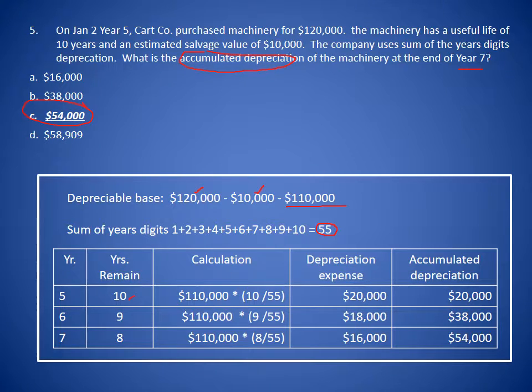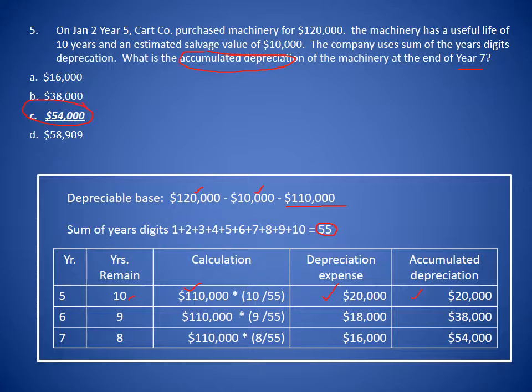Our calculation is our depreciable base of $110,000 times the fraction 10 divided by 55, and that comes out to $20,000. Our accumulated depreciation at that point would be 0 from the beginning, and then we add $20,000 to it. So now we have $20,000 of accumulated depreciation.